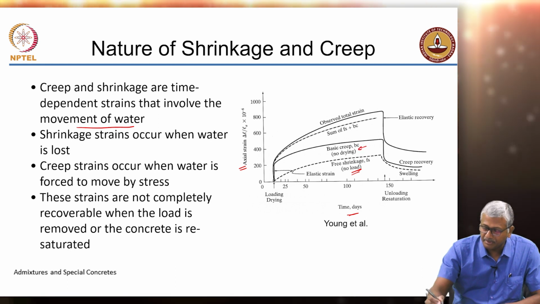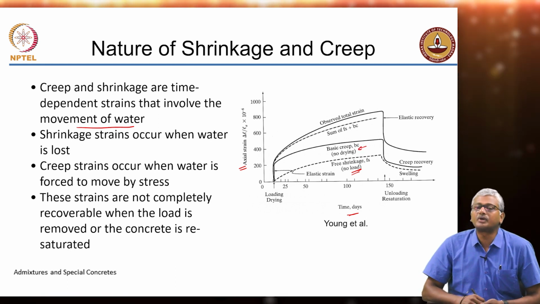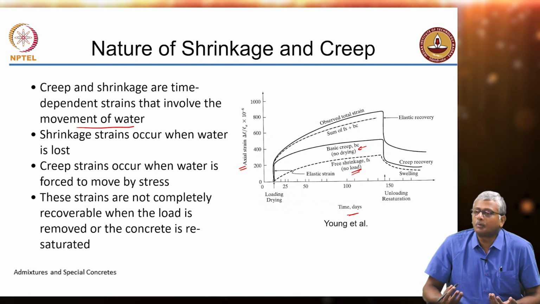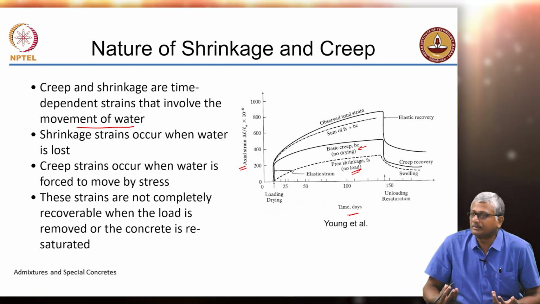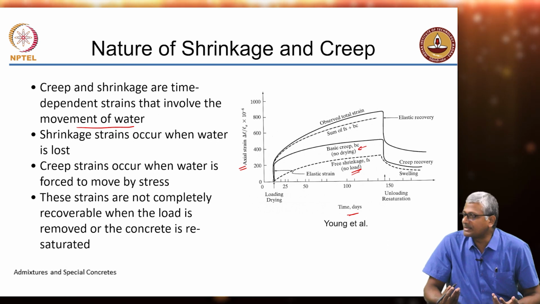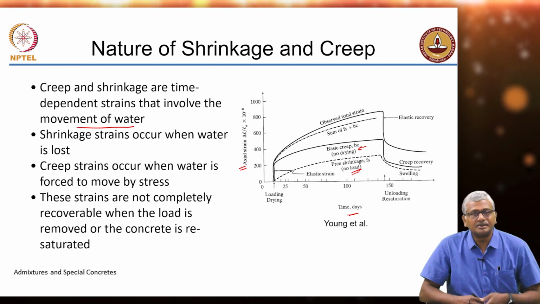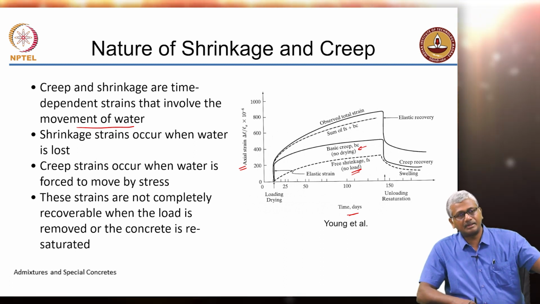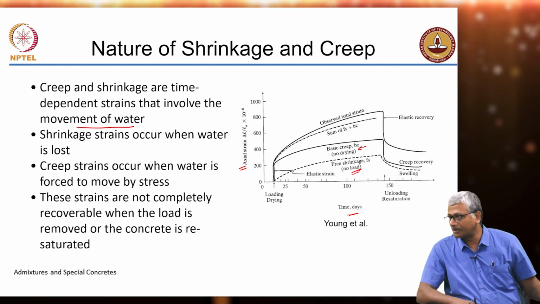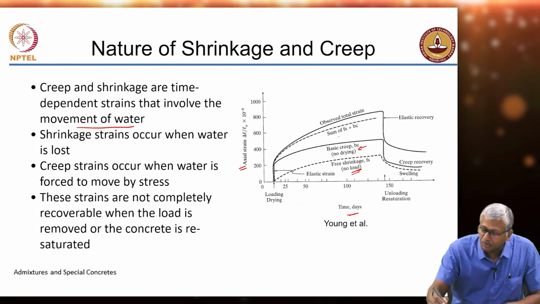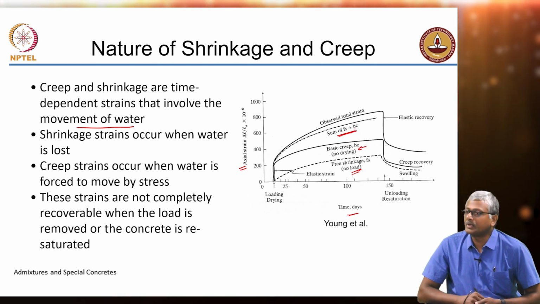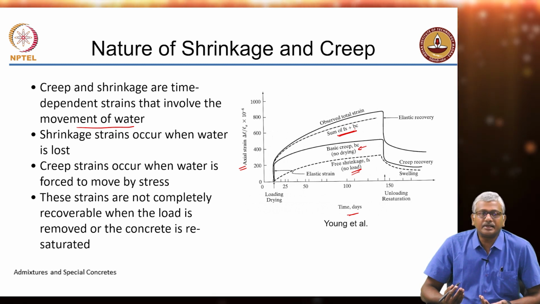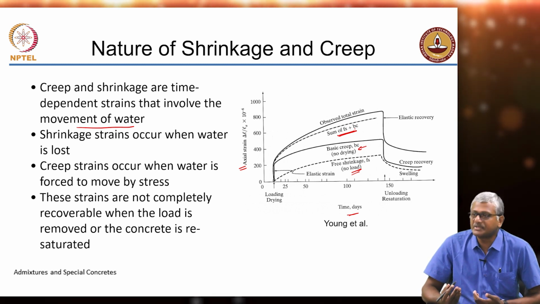So, basic creep is defined as when there is no drying. Let's take a polymer. In polymer, there is no effect of drying, right? So, there is only going to be basic creep in that case. But in concrete, there is drying, which leads to shrinkage, and then there is load related effects, which we call as creep. Now, when both of them happen together, you can expect that you will get a strain which is the sum of your drying shrinkage and basic creep.